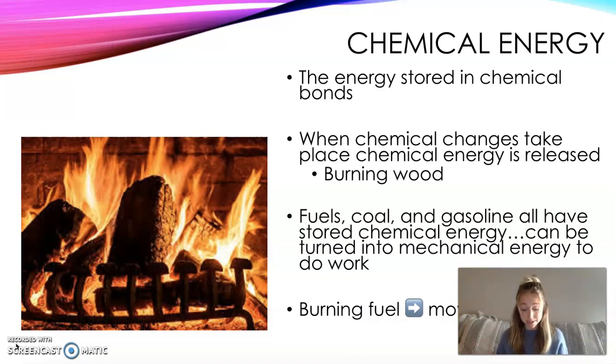When the wood is burned, energy is released and heats the marshmallow as well as around the campfire. So the energy stored within the wood is chemical energy. And when those bonds are broken, they are going to release energy that can do work.